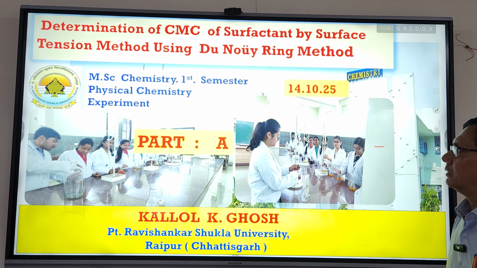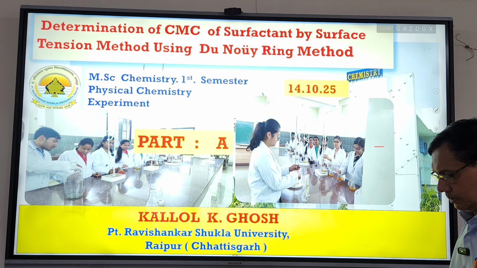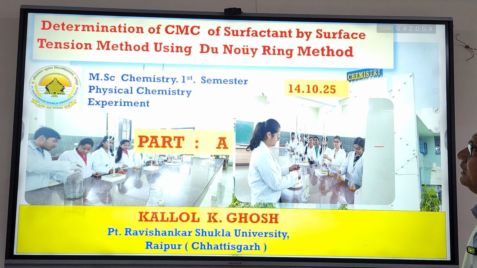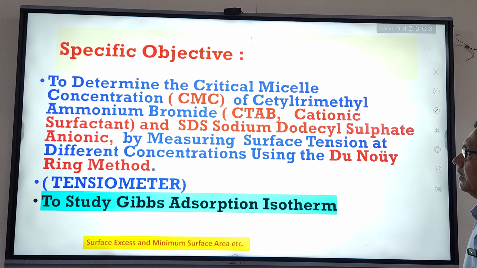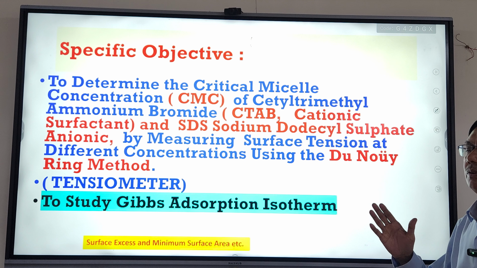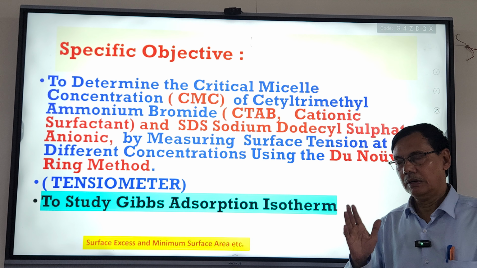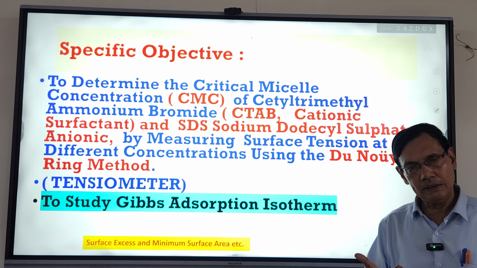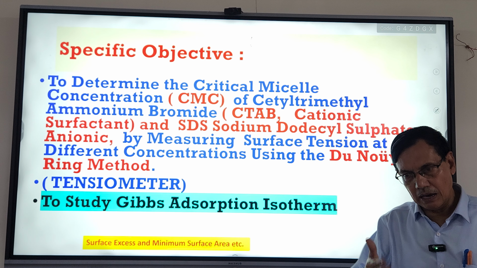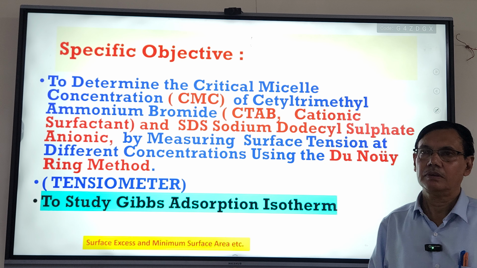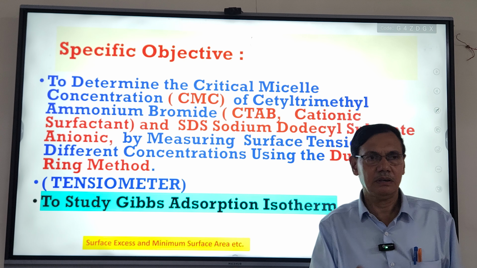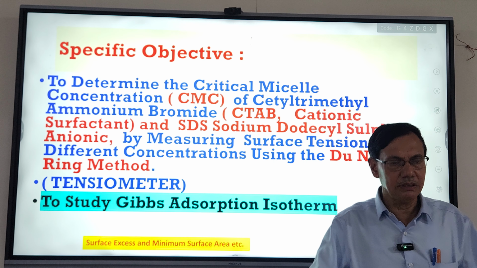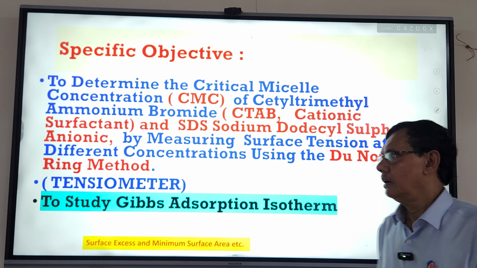Now why is this experiment important? Because there are two parts. The first part is the determination of critical micelle concentrations. And you know that there are a large number of surfactants: cationic, anionic, non-ionic, zwitterionic, even some Gemini surfactants.